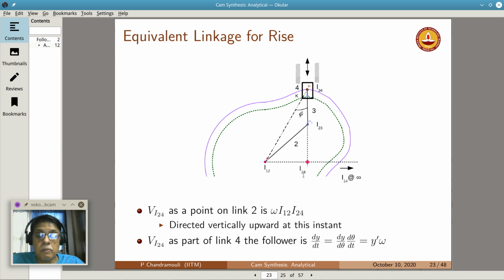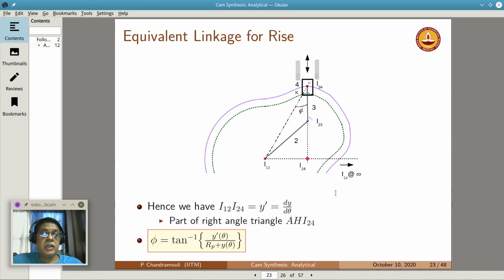And remember, I24 is a point on the follower. All points basically have a velocity which is dy by dt, which is omega times dy by d theta. So if I equate the two, it turns out I12 I24 is simply y prime, the derivative. The upshot of all of this is that I12 I24 is equal to dy by d theta.